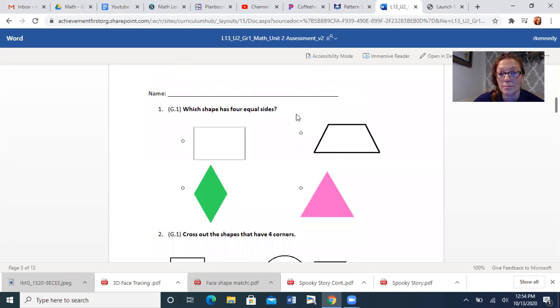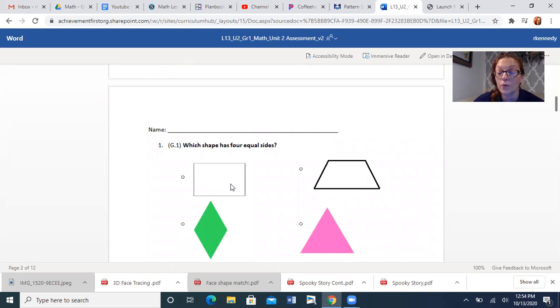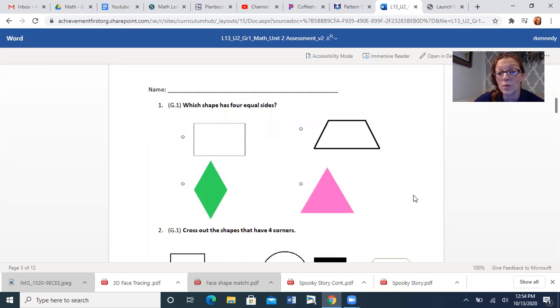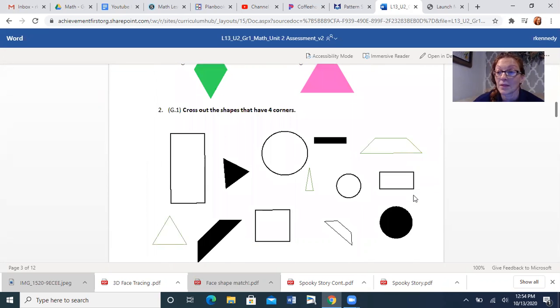All right, so the first one. Which shape has four equal sides? They're going to circle which shape has four equal sides. There's only one. And then in Kami, they're going to cross out the shapes that have four corners. Remember, your job as the grown-up here is to just read the directions, not to give them the answers.